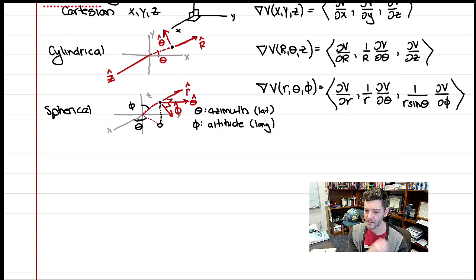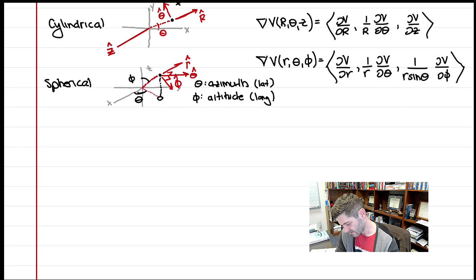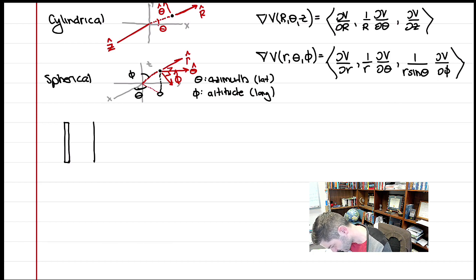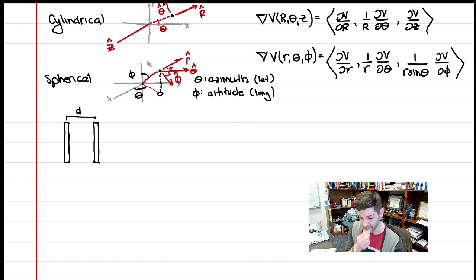Okay. Still got some stuff to get through. Let me do an example of the potential across 2 plates. The 2 plates, again, are going to play a very important role for us, especially in the next lecture on capacitors. So suppose I have 2 plates that are separated by a distance d.